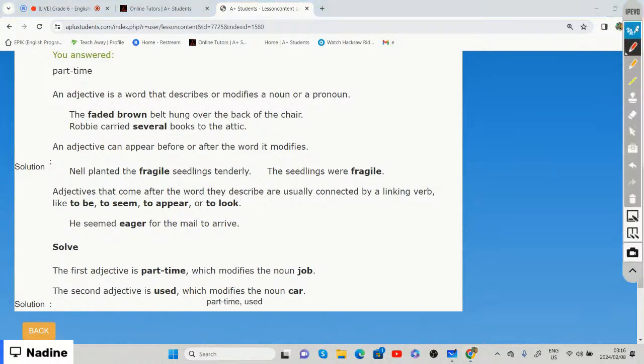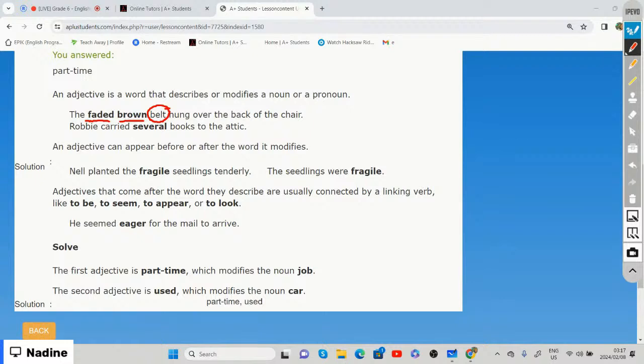The noun is circled. If we describe our noun, we say it is a faded brown belt. So it's not just a brown belt, it's not just a faded belt, but it's a faded brown belt. So it basically describes the belt.